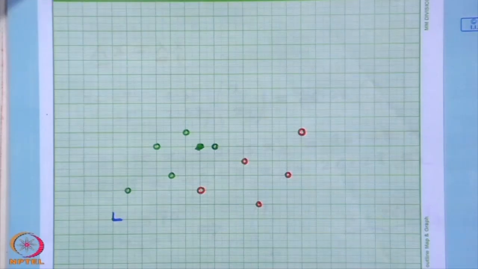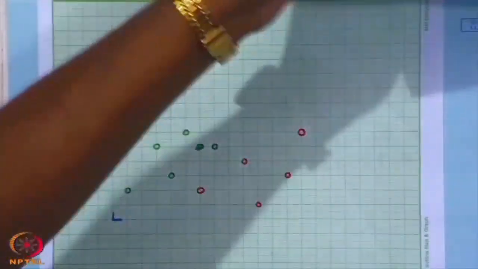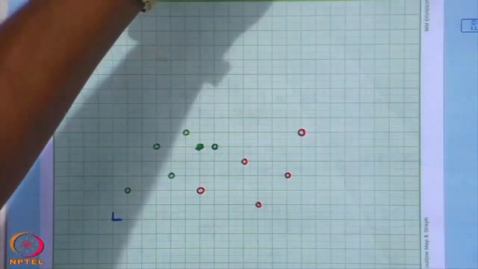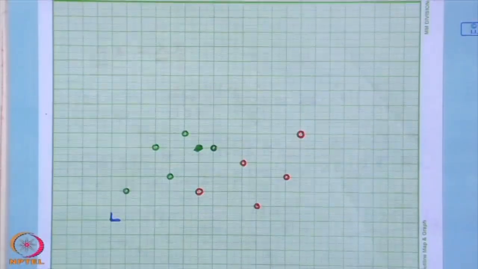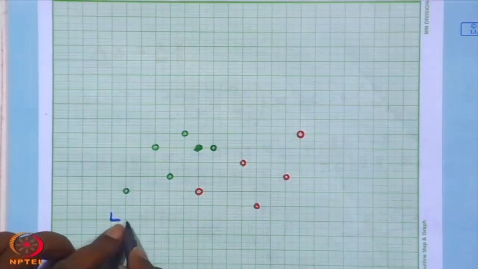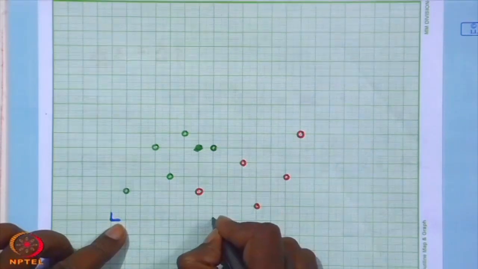And we have computed that our eigenvector is 71. So, I want to plot that eigenvector which is 71.